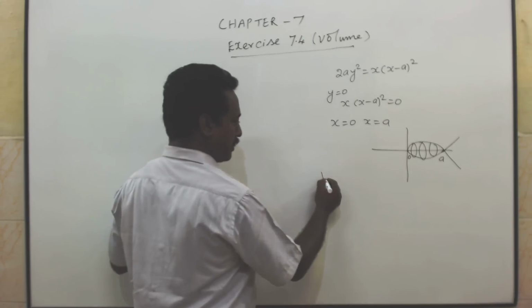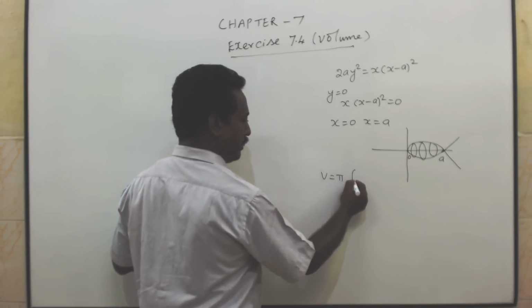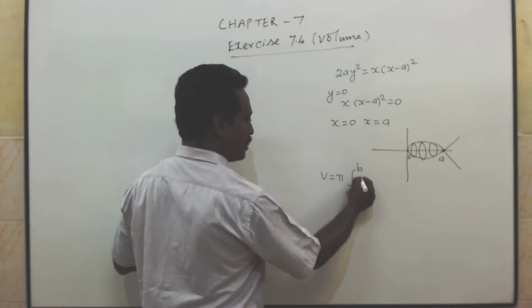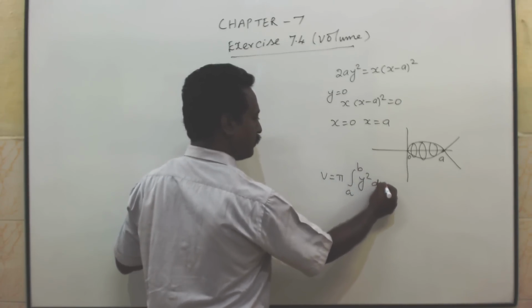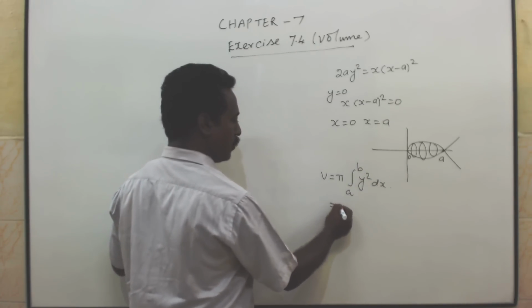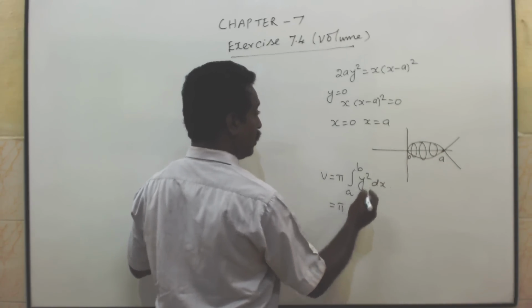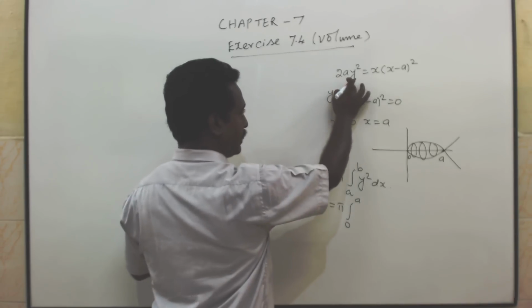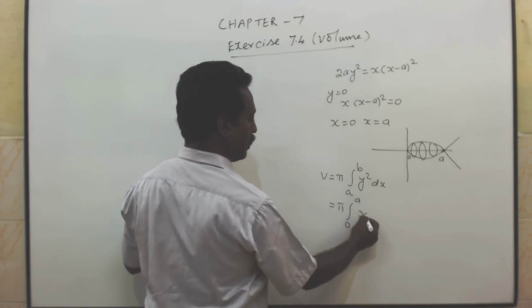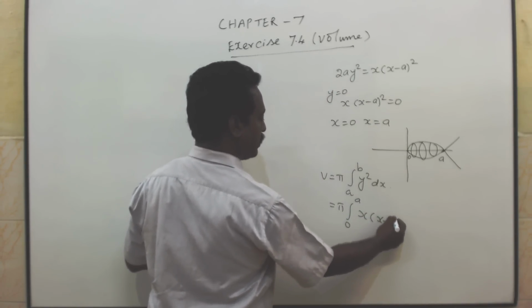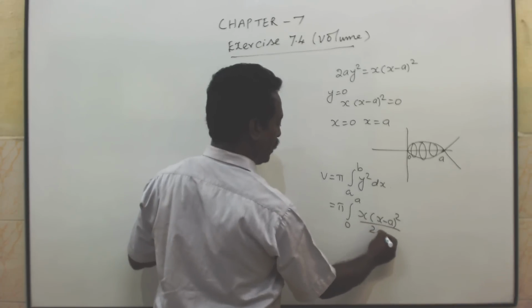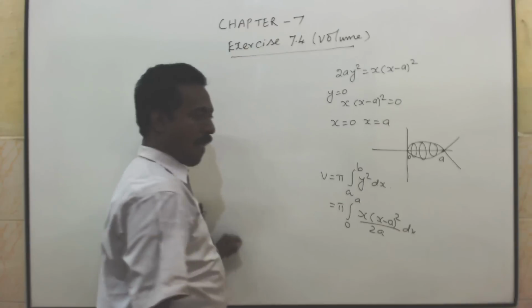Once again the same formula, volume equals pi integral a to b y square dx. What is the limit? 0 to a. From this we can write y square as x into x minus a whole square by 2a into dx.